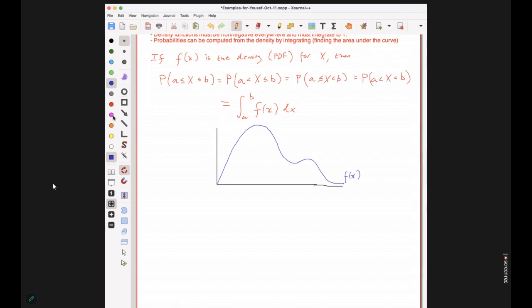And if we're looking at bounds, let's say here is A and here is B. Then the probability that x is between A and B is the area in green, what I'm shading right now.